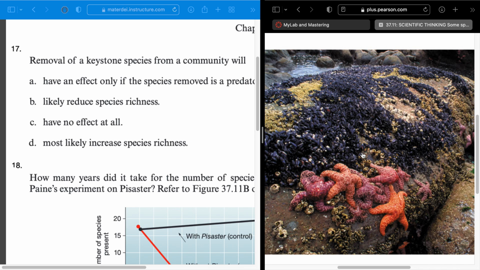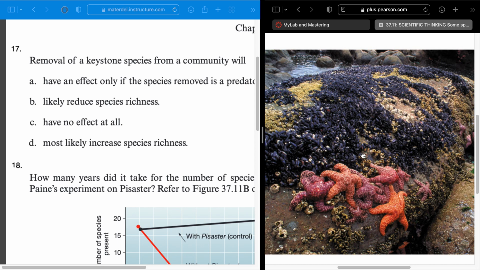We could ask them to hold that out like that, and you could only do it for so long, and then your muscles are going to tire, and then you're just not going to be able to do it anymore. So what this guy does is he applies a small amount of force over a long period of time, and those mussels, if you try to pull them apart with your hands, you can't. But the starfish can open it.